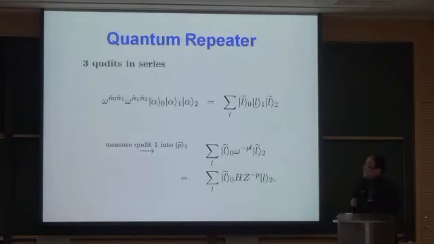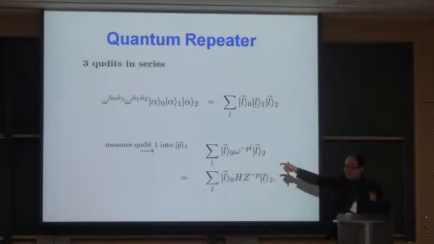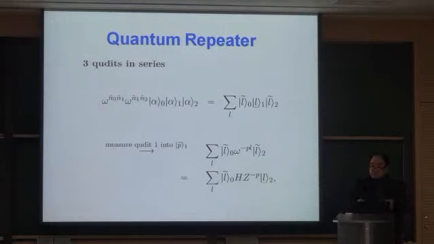And then, we can make a quantum repeater. These days, in quantum communication, the quantum repeater is very important. If you want to send a certain quantum state from here to a faraway location, our digital technology is very efficient.